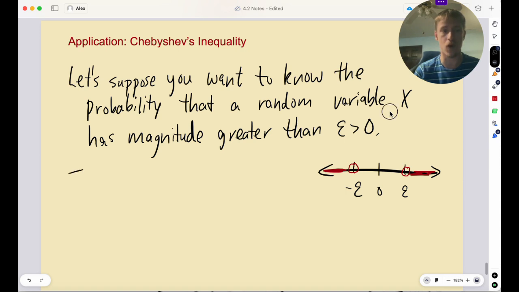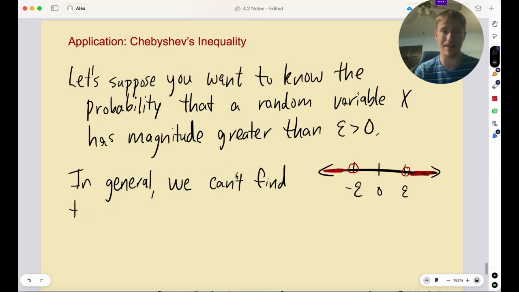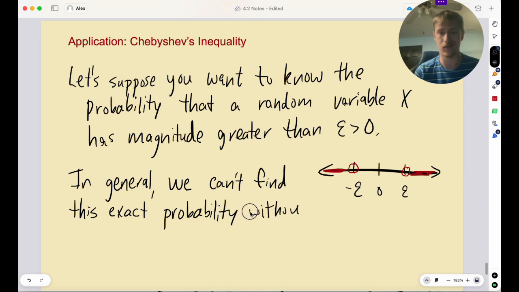So in general, we can't find this exact probability without knowing what? Well, you've got to know the distribution of your random variable.